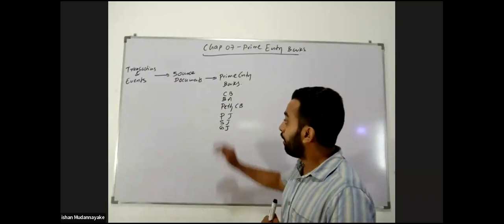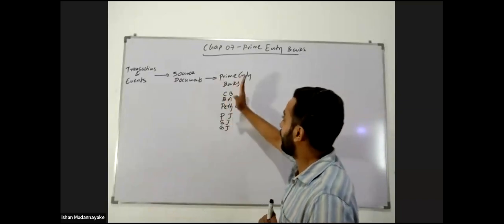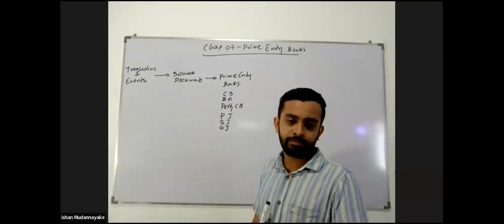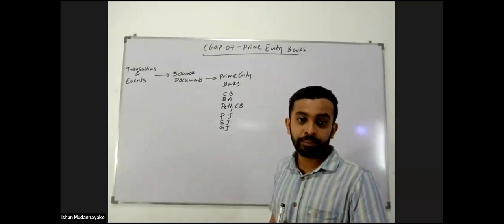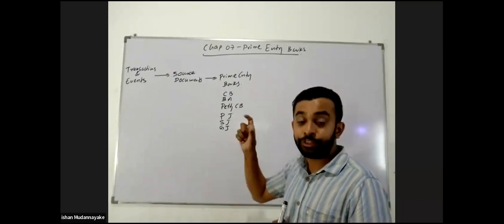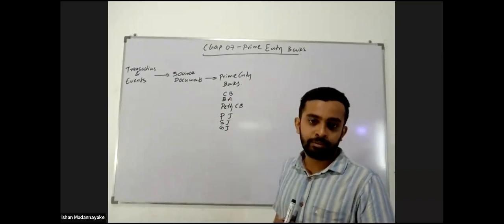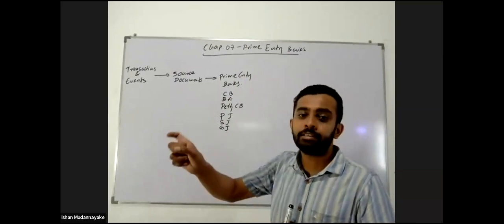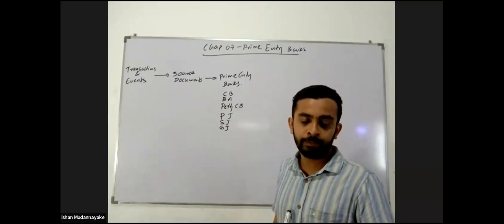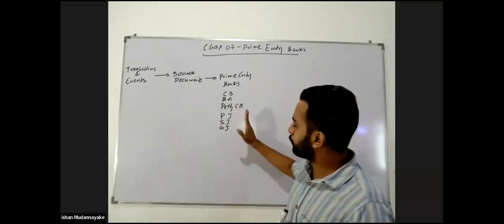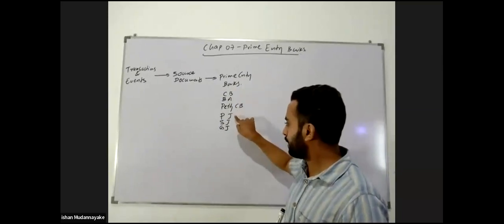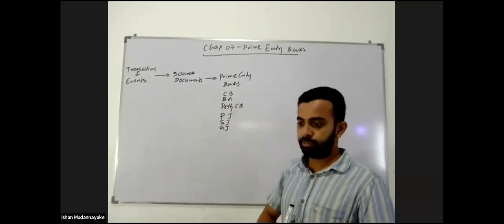After preparing source documents, they prepare primary books, which are also 100% practical. There are another two primary books not discussed in O level: purchase return journal and sales return journal. The others are cash book, bank account, petty cash book, purchase journal, sales journal, general journal.